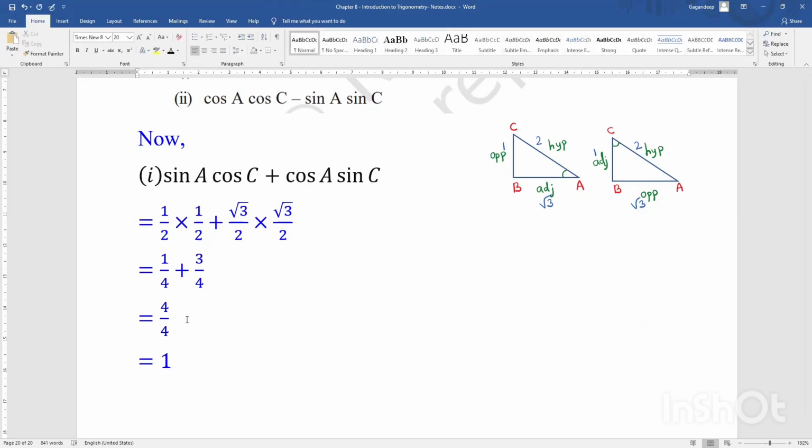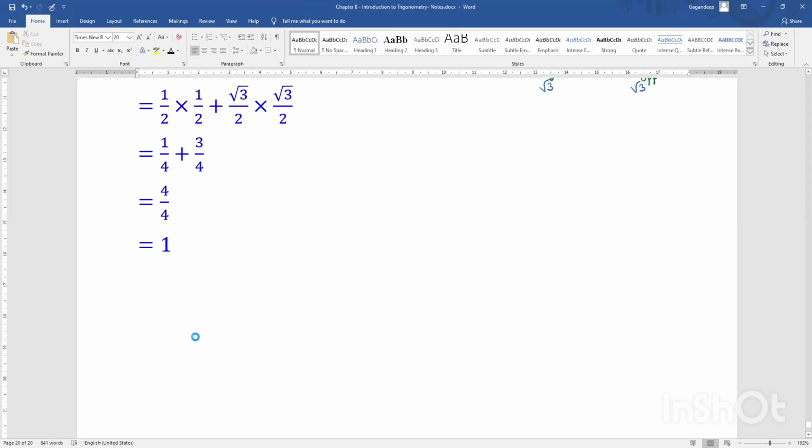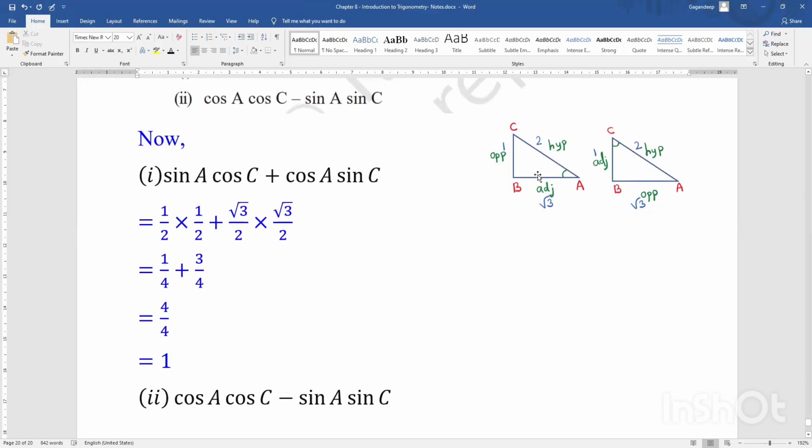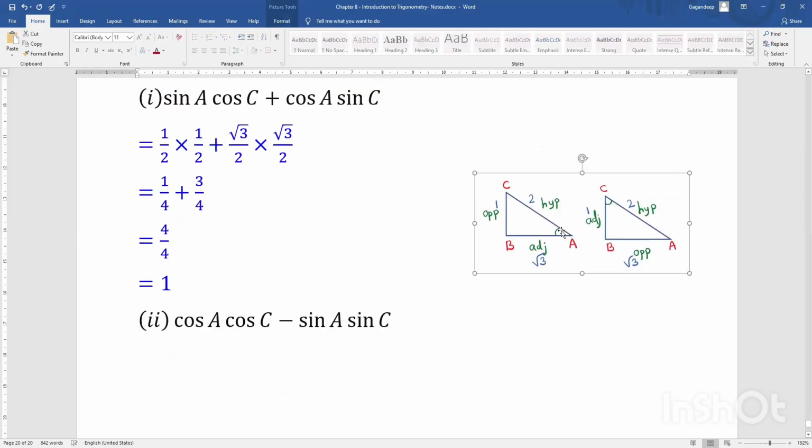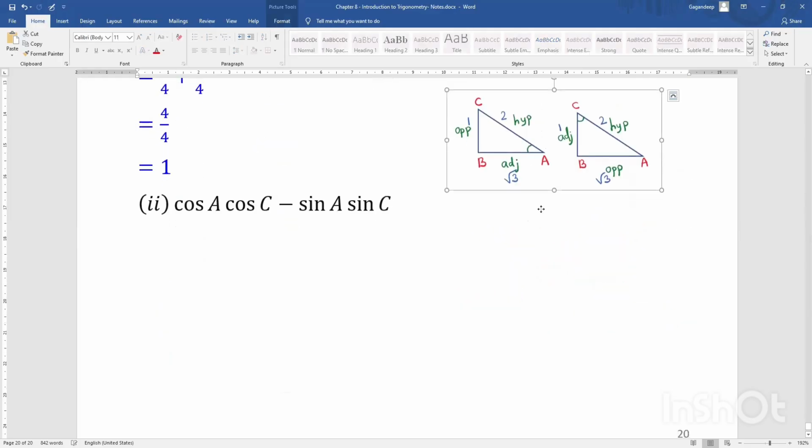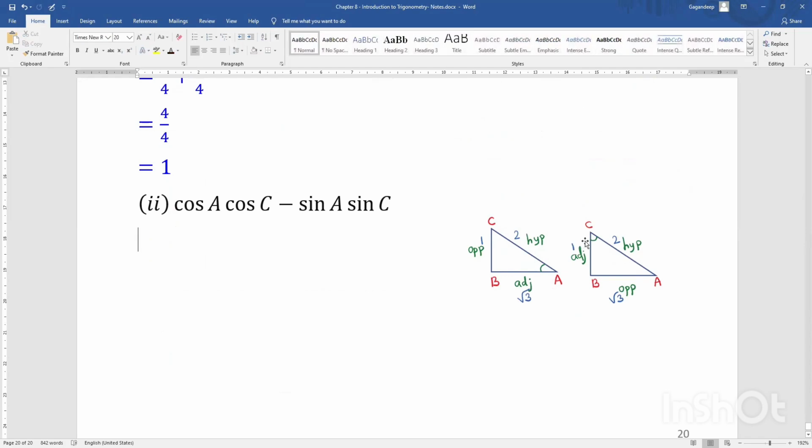So that's the answer. Then the next problem is cos A into cos C minus sin A into sin C, which is nothing but, so we can refer here easily.